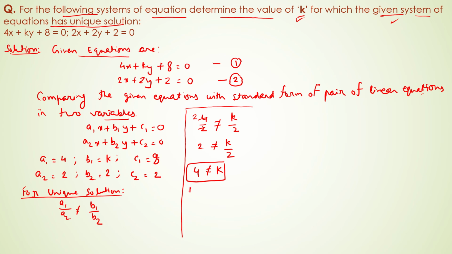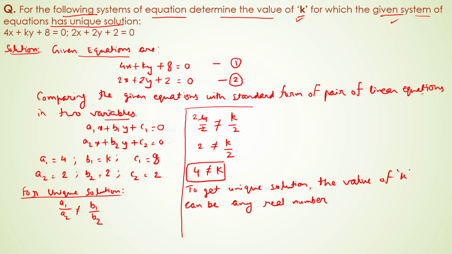So to get a unique solution, the value of k can be any real number except 4.